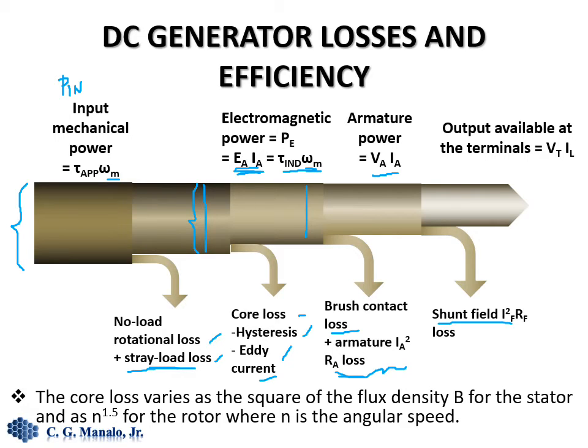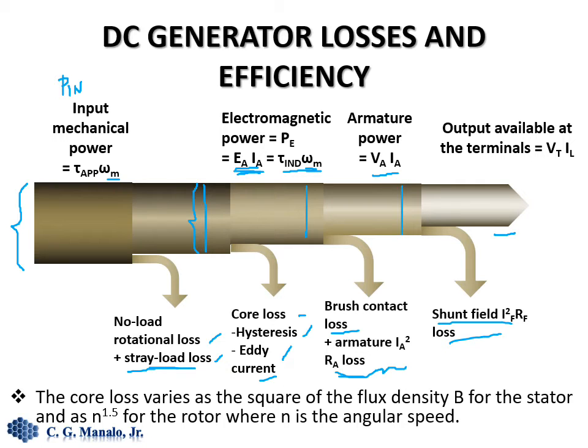There's another field, especially if we go to compound generators, called the series field, that also contributes to the power losses. And finally, this power less the shunt field copper loss would be the power left that goes to the load of the DC generator.